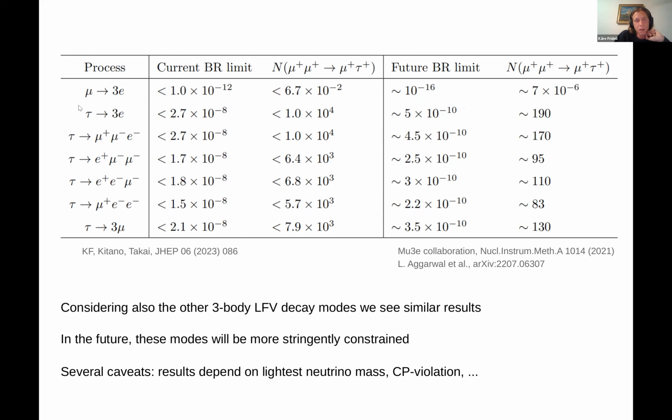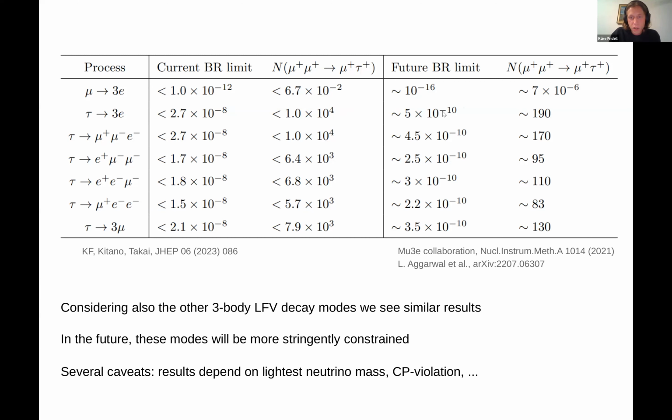But this is a bit misleading, because of the mass splitting between the first and the second neutrino mass eigenstate, you would actually expect the chi parameter to be almost 2 orders of magnitude larger, almost 100, or at least 30 or something. So this number would then increase, and all these numbers I'm showing here also depend highly on the lightest neutrino mass M1 and the amount of CP violation that you have. I will talk more about this later.